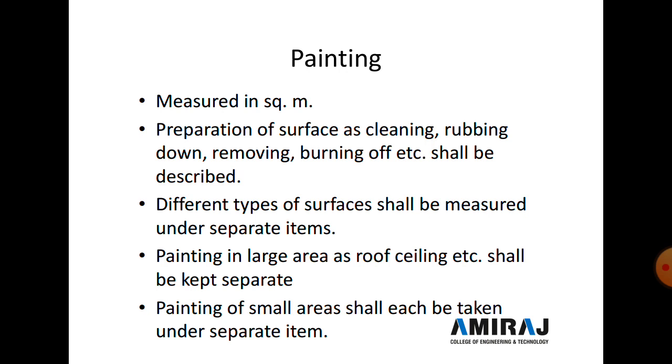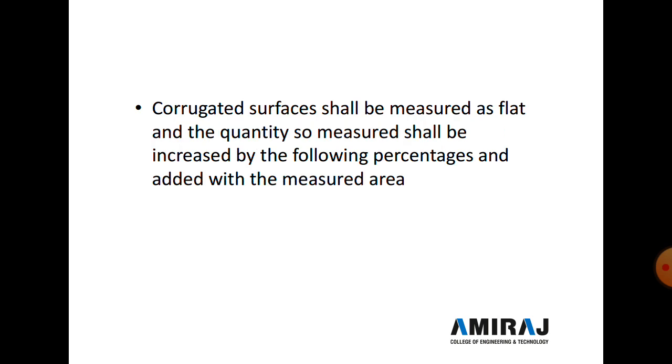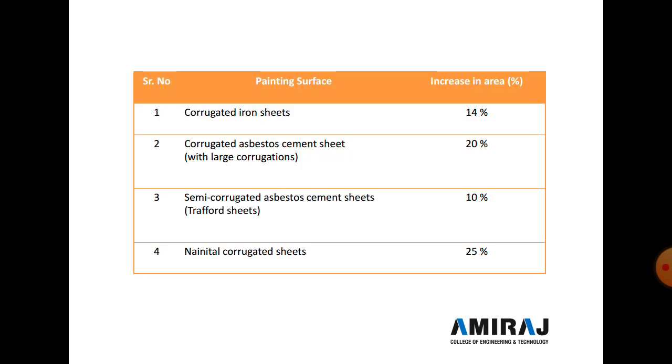Now, a corrugated surface shall be measured as flat, and the quantity so measured shall be increased by the following percentage added to the measured area. Here in a table you can see the different painting surfaces, and the increase in area is given as a percentage.